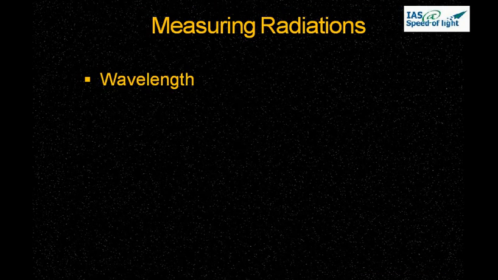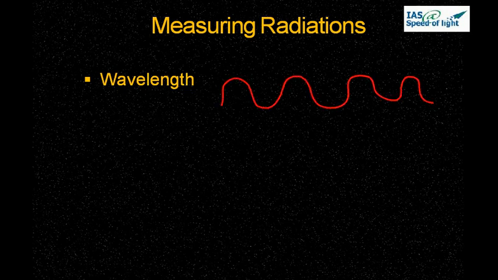Now let's start with measuring radiation. There are three basic parameters through which we measure radiation, and first is the wavelength. So let us see what wavelength means. This is my wave, and the distance between two crests or two troughs is the wavelength.